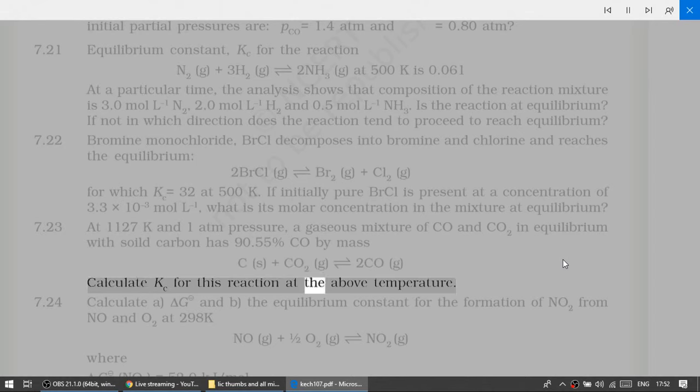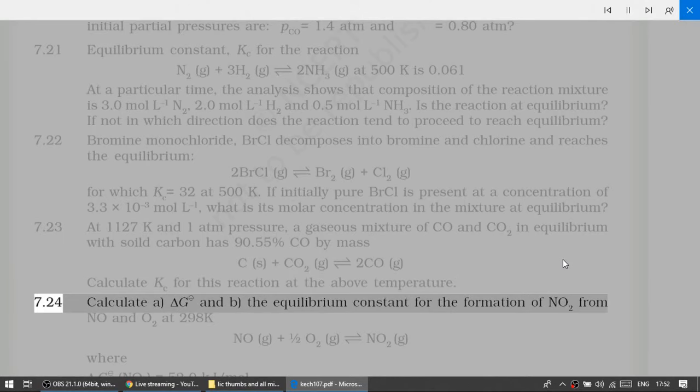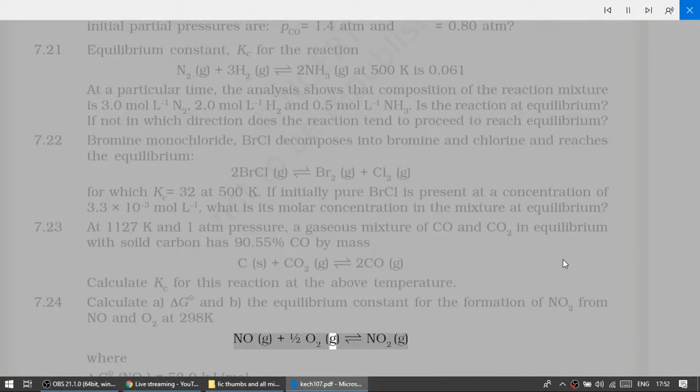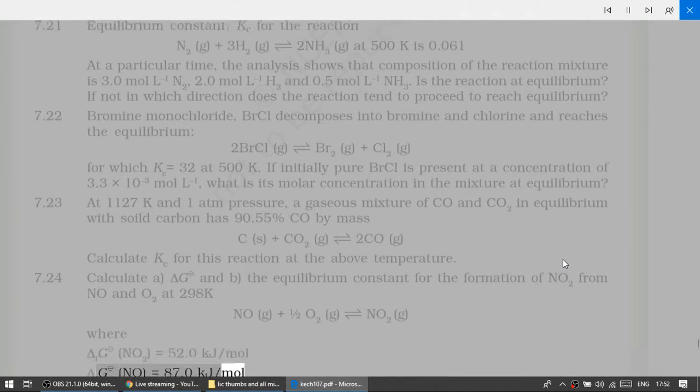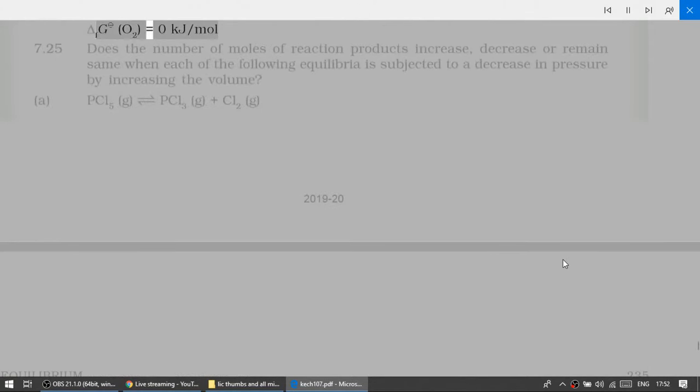Calculate Kc for this reaction at the above temperature. 7.24 Calculate ΔG and the equilibrium constant for the formation of NO2 from NO and O2 at 298 K. NO(g) + ½O2(g) ⇌ NO2(g), where ΔfG(NO2) is equal to 52.0 kJ/mol, ΔfG(NO) is equal to 87.0 kJ/mol, ΔfG(O2) is equal to 0 kJ/mol.